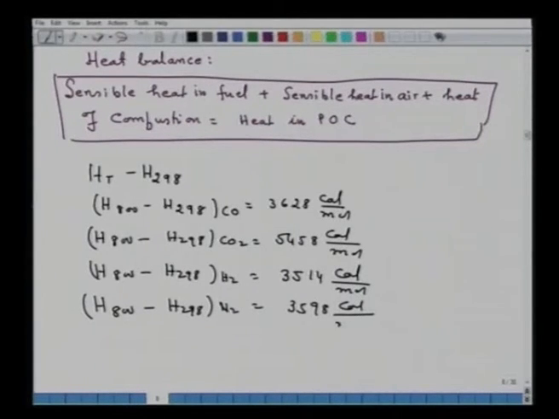You can see these values in any thermodynamic book.